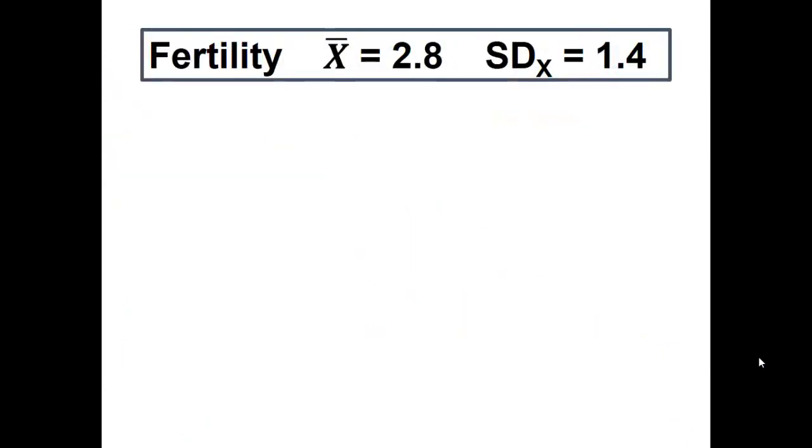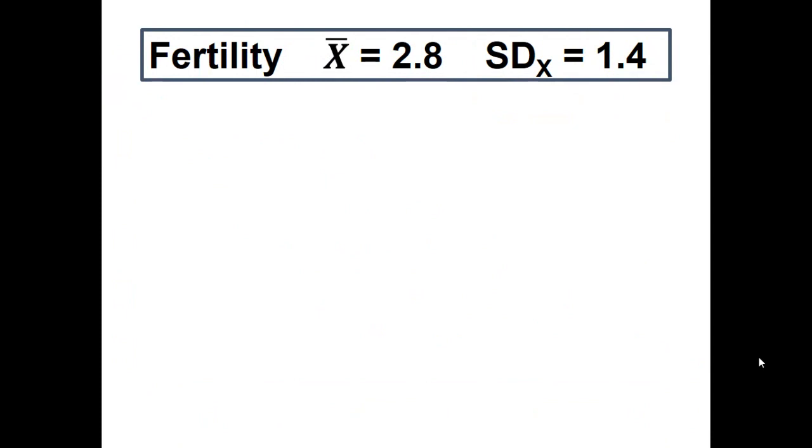Now, I'd like you to get some practice doing this yourself. Here are the mean and standard deviation of fertility. These are the same numbers we saw a minute ago when we added the z-scores to the scatter plot. I'd like you to use them to make a couple calculations. The first calculation is not a regression prediction.